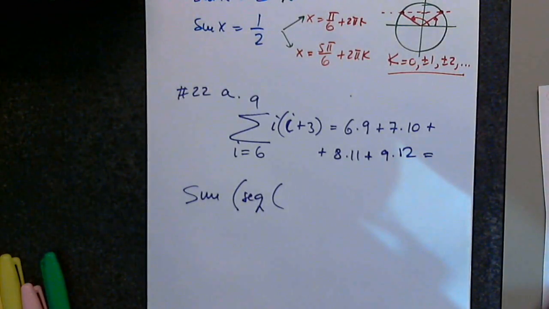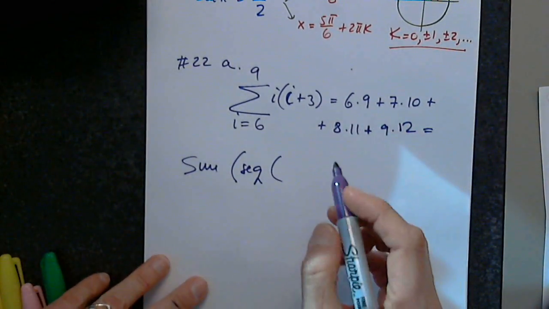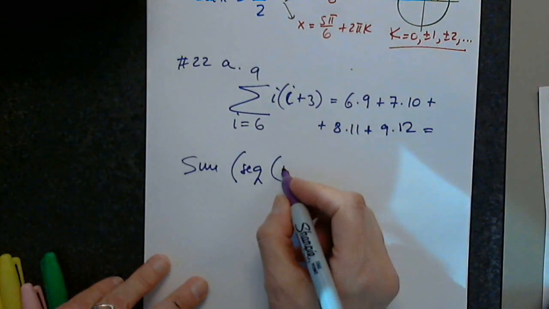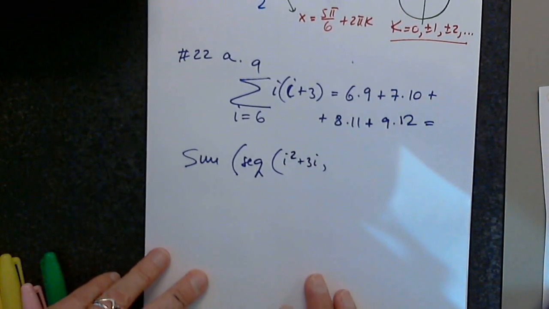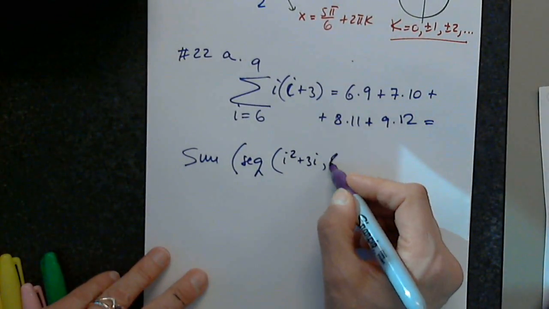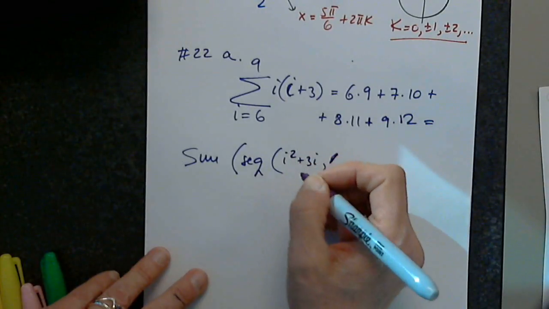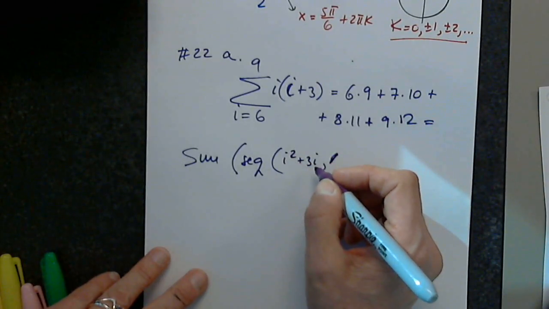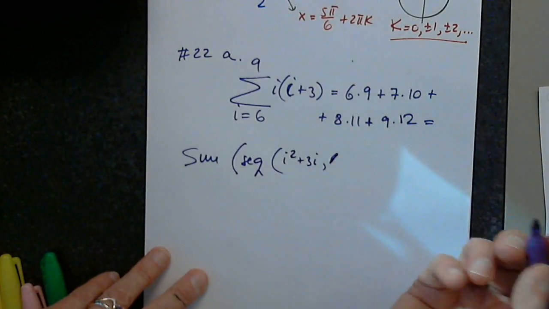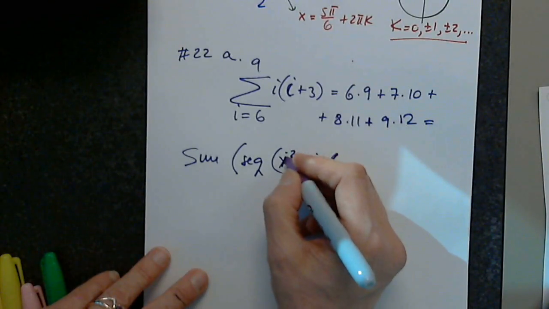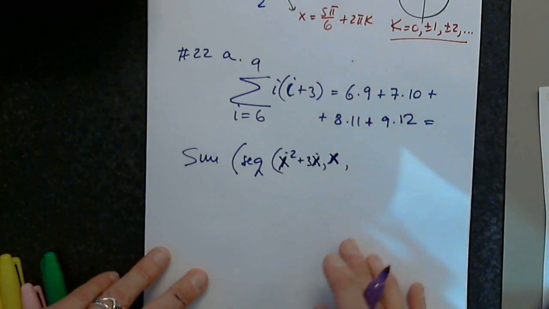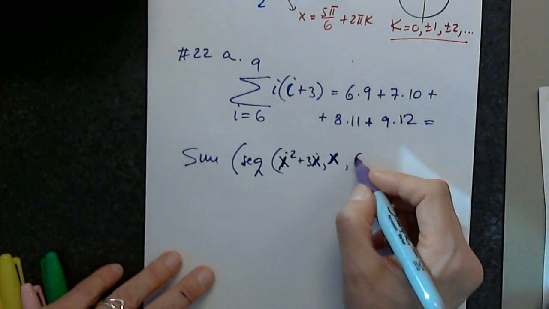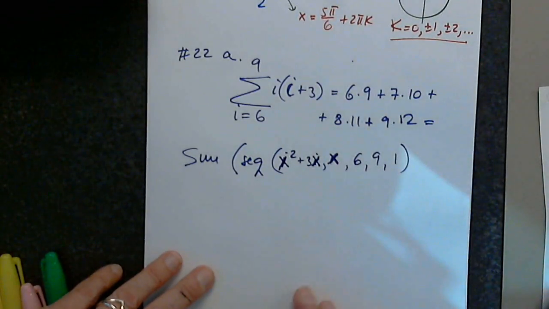Okay, sum of the sequence in this case, you can write it, and it's safer and easier as x squared plus 3x, comma, from, so you have to put X, the calculator will put X, not I, sorry. So X is the variable in the problem. It goes from 6 to 9 by 1.